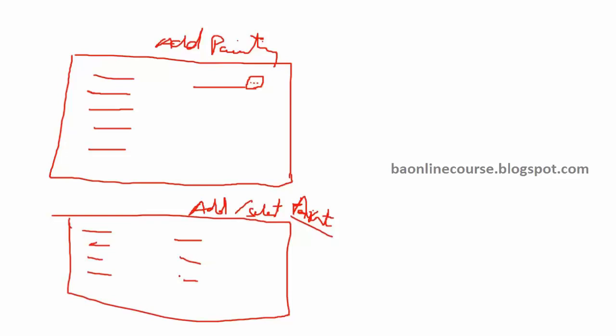When you come to the screen, you will ask him what all information about the artist he wants to capture. Then you'll capture his name, his address, maybe his phone number, his preferences, and any other notes. So some basic information, that is what I want to capture.